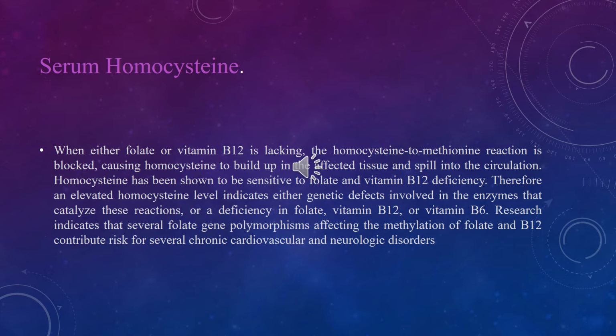But if there is a deficiency of B6, B12 or folic acid, the homocysteine level is high. So a high level of homocysteine is one of the indicators of deficiency of these vitamins.